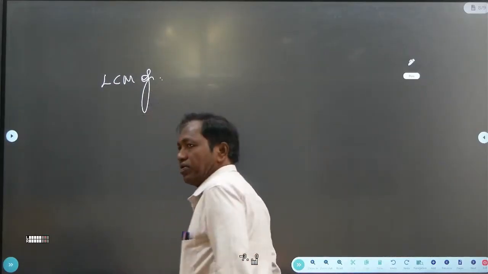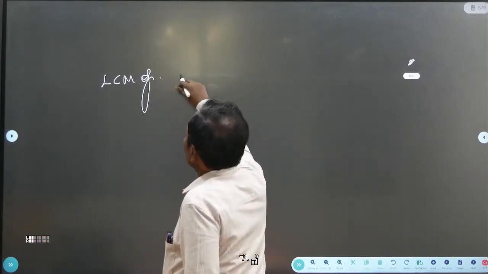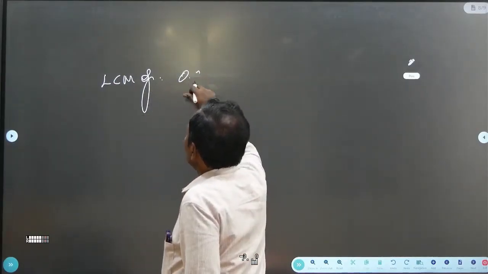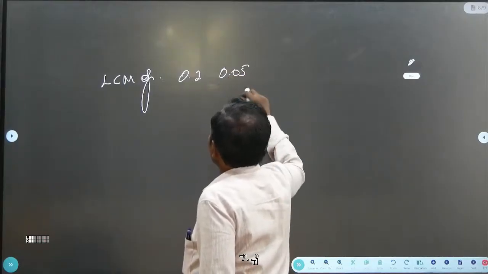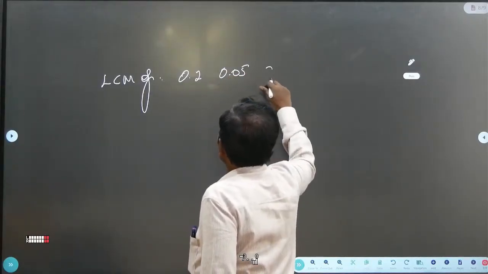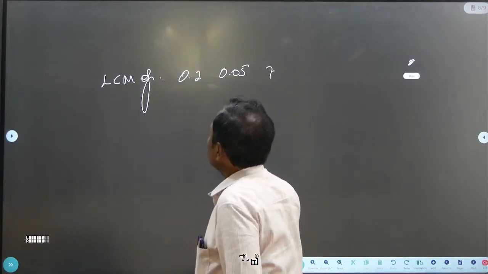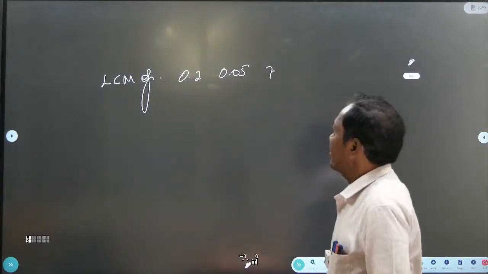And the LCM of 0.2, 0.05 and 7. What is the LCM of these 3 numbers?